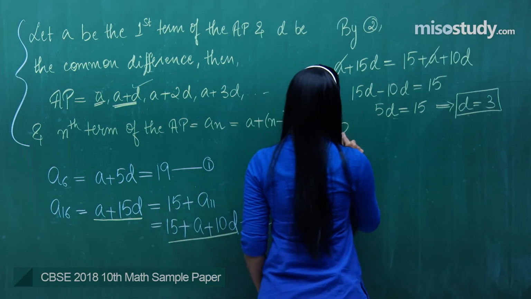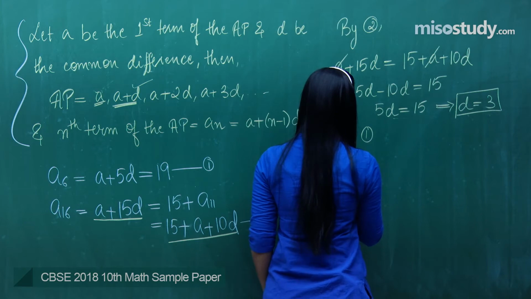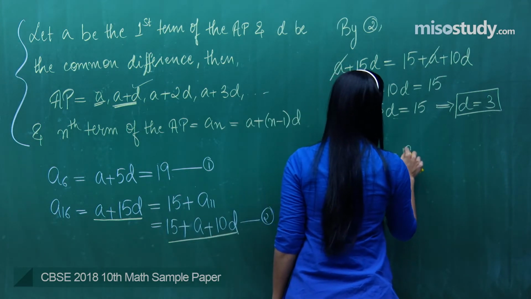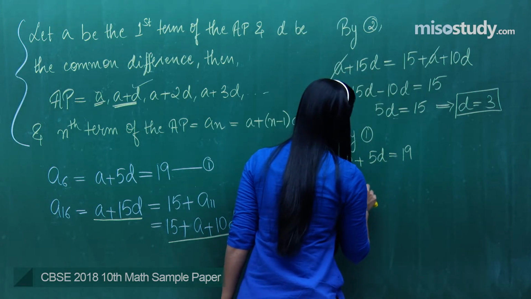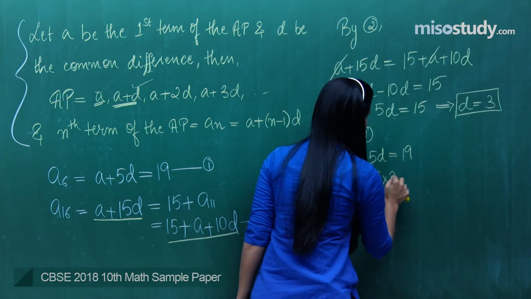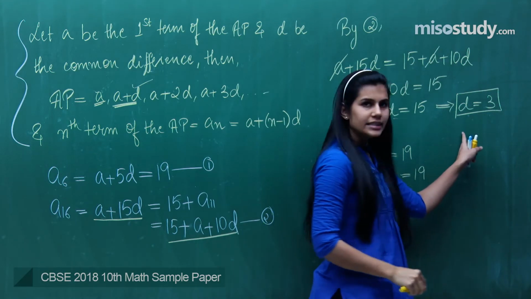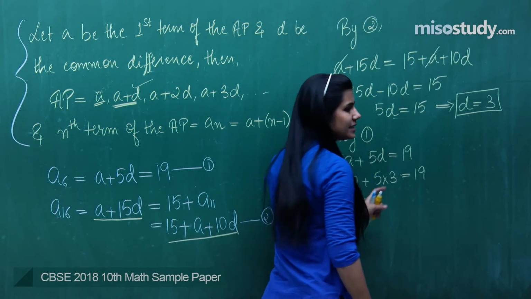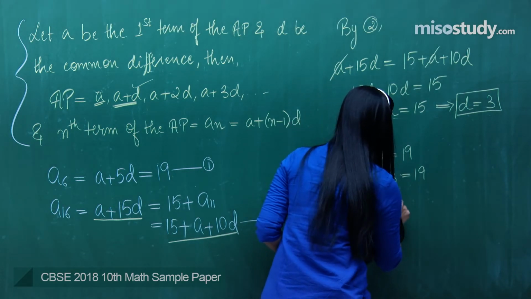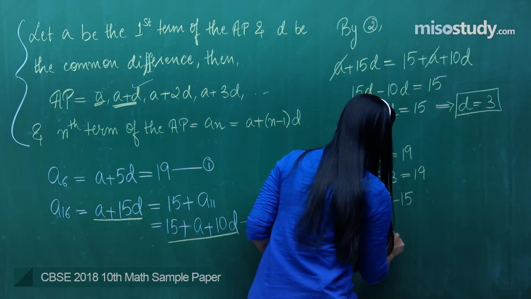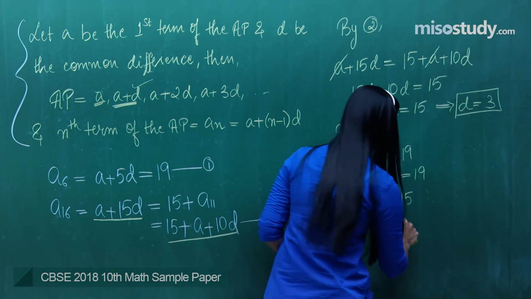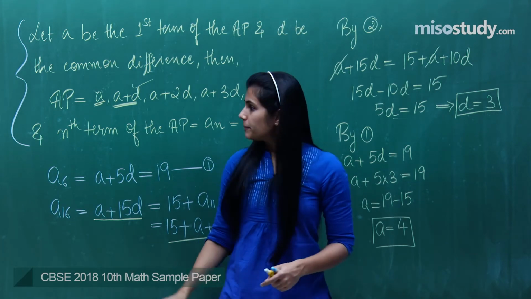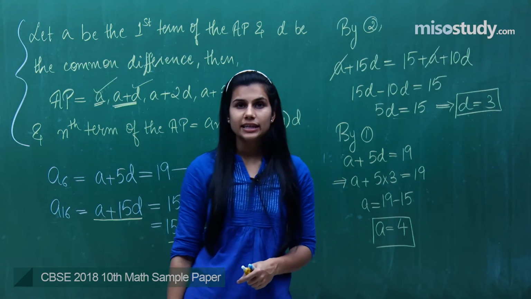From 1, I know that A plus 5D is 19, which implies A plus 5 into 3 is 19, because D is 3. So A plus 15 is 19, or A is equal to 19 minus 15, which implies A is 4.